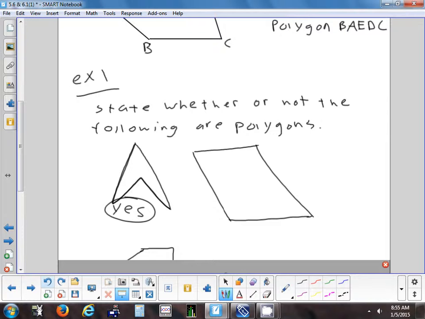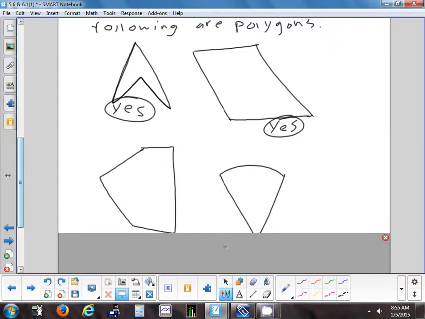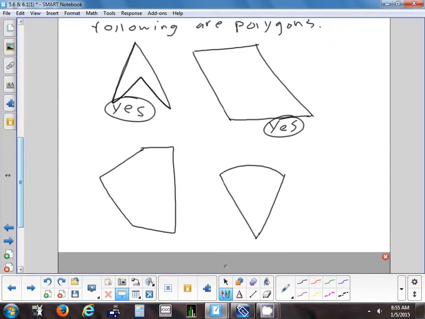How about the next one, the one on the right? Is that a polygon? Yep, that's fine. It meets all the criteria for those definitions. How about the one in the lower left? Is that a polygon? No. Well, let's look.